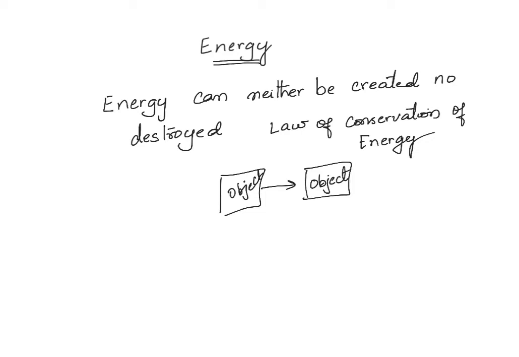So, a certain object might have kinetic energy first. Then you perform a reaction on it, it turns to maybe potential energy. So it can transfer from one object to another, or it can change forms.